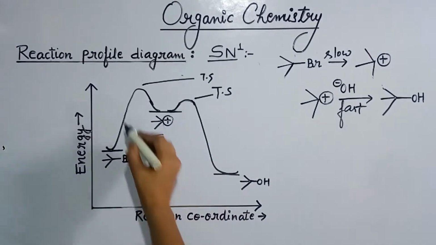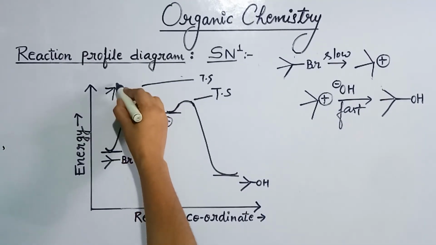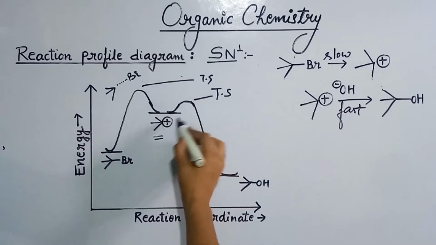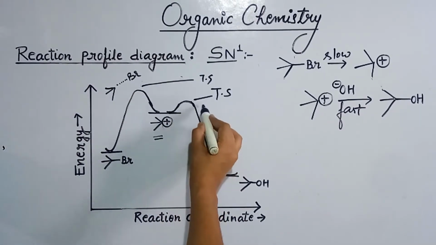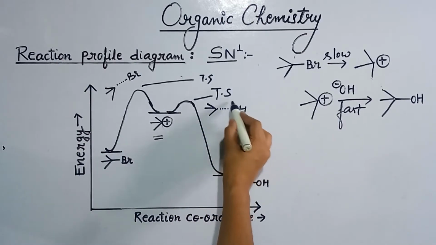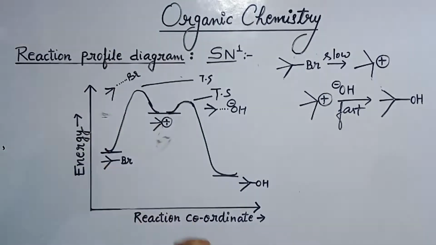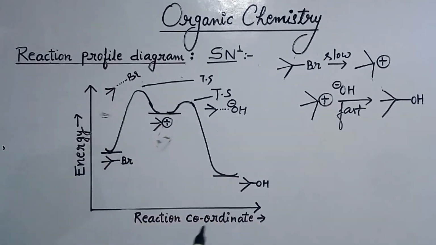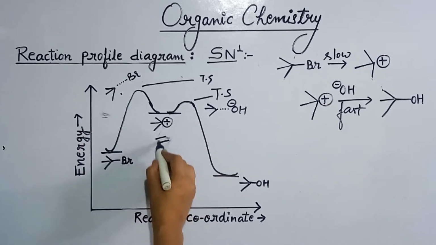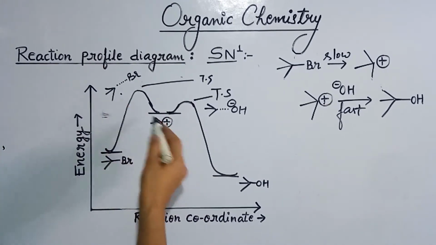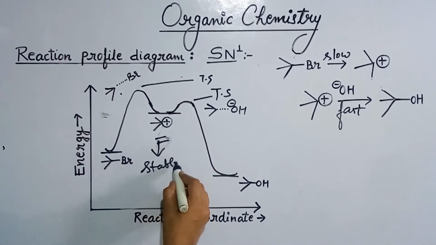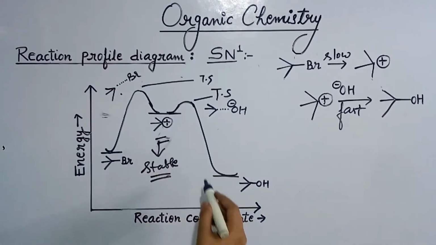Because you can see what will happen: this bond will break, and slowly and slowly a new bond will form. But these species have a very short lifetime, and this will immediately form the carbocation, which has a greater lifetime as compared to this species, and this is going to be stable. This is a tertiary carbocation.